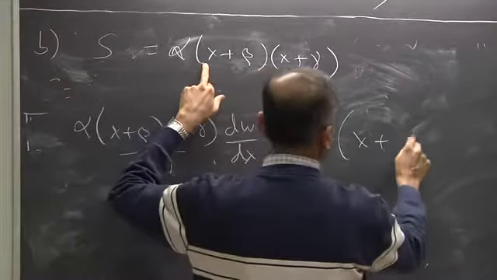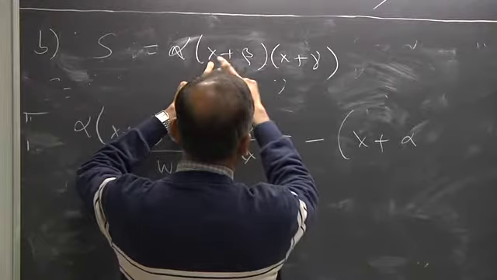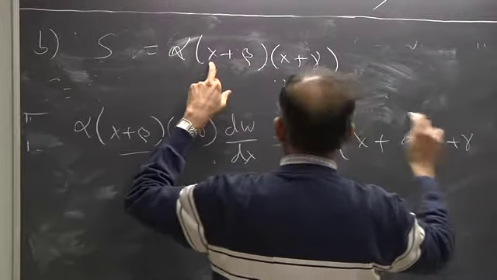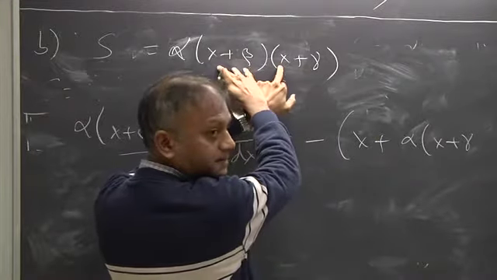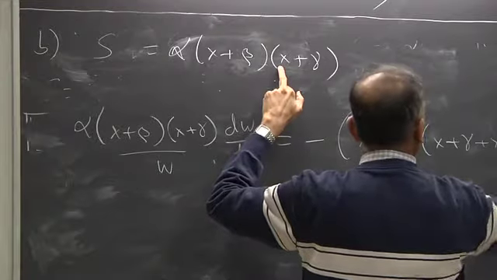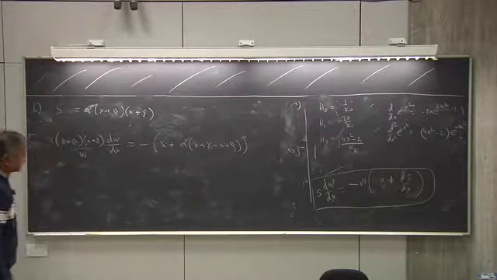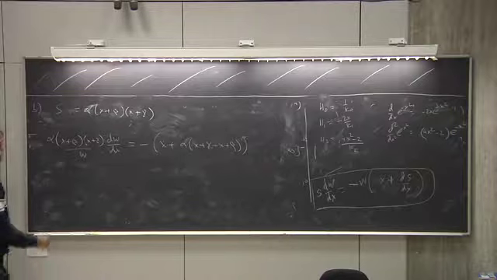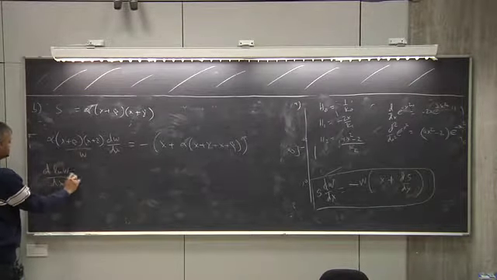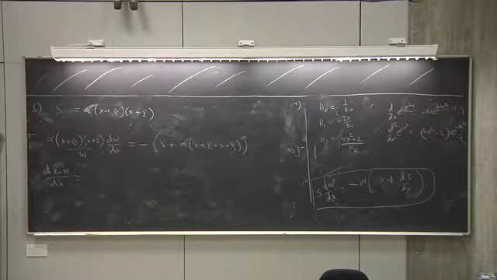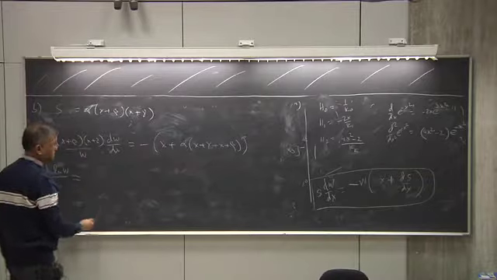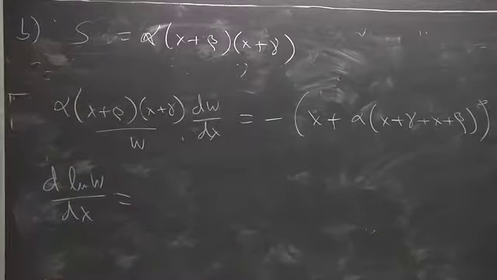There's alpha, of course, and then when it acts here, you get 2 alpha x plus beta. So that's what it is. So therefore d log w by dx is equal to, and now we have to bring this on the other side. So we have to do this partial fraction.